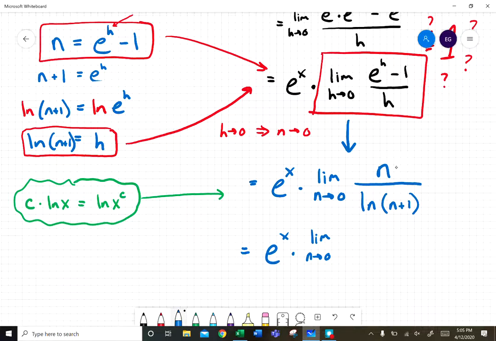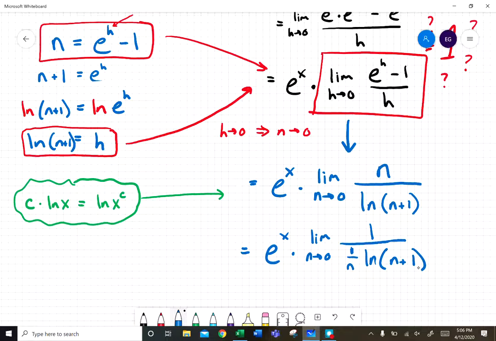And instead of n in the numerator, let's bring the n to the denominator by taking the reciprocal of the reciprocal. So a 1 over n on the bottom is the same as an n on top. So we have 1 over n times the natural log of n plus 1.